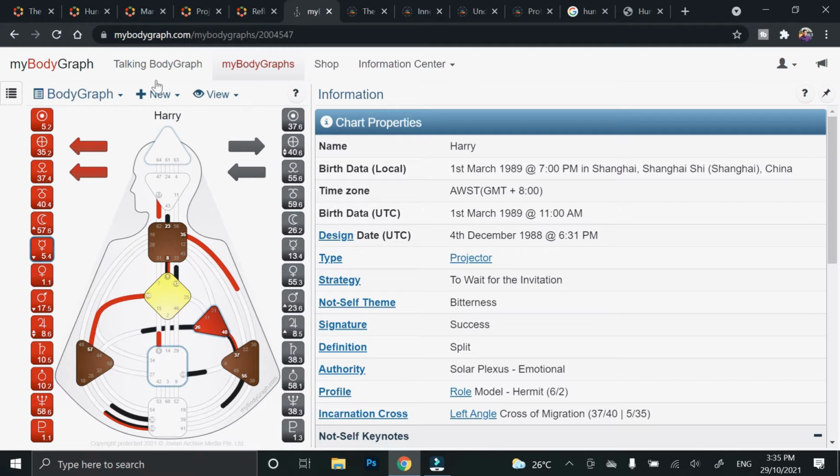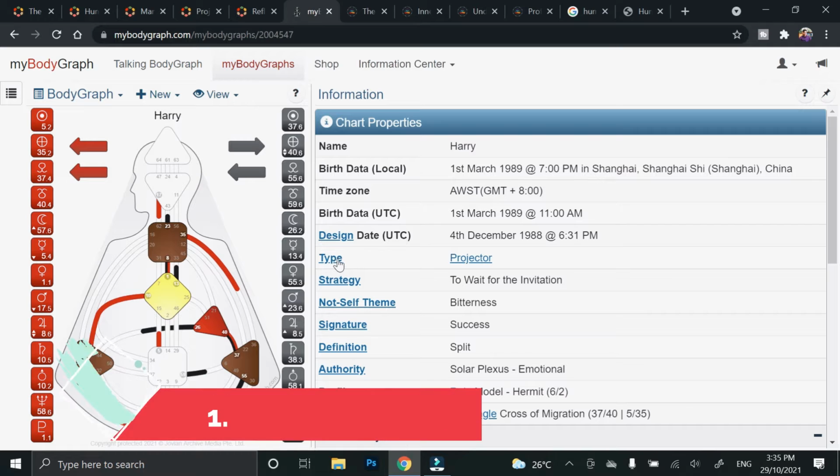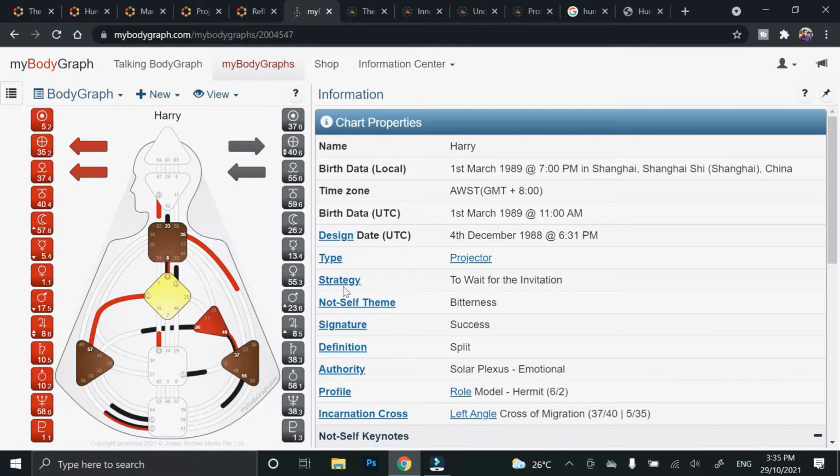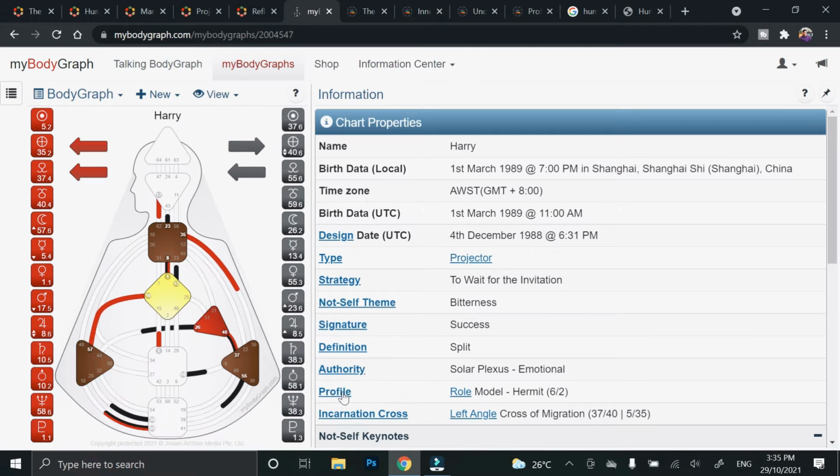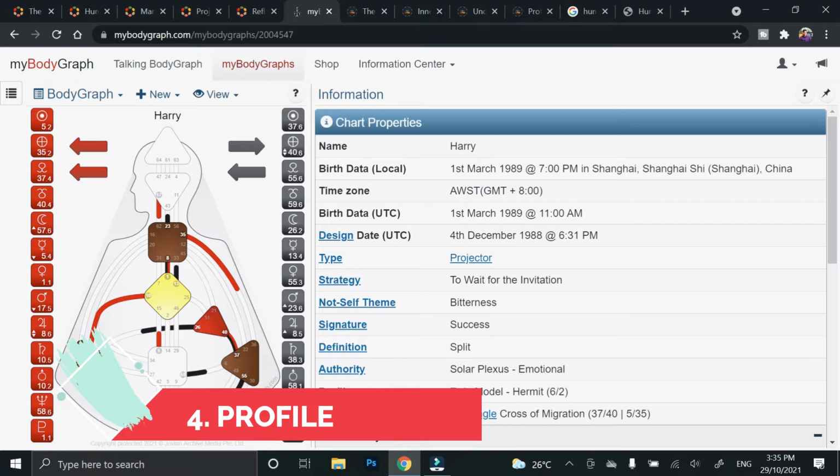This part is actually the cheat code already, so they already tell you. The 4 parts are the type, the strategy here, the authority over here, as well as your profile underneath the authority.